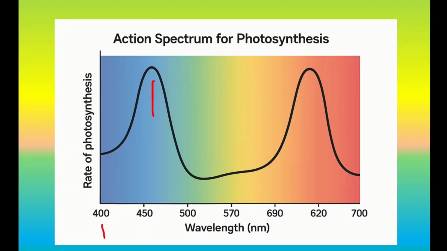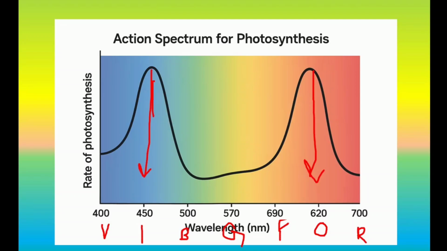It is representing all the VIBGYOR and also the wavelength of the light. So you can see in the red light the photosynthesis rate is higher, and in the blue light the photosynthesis is higher. Why? Because the peak is higher in this range. So we say that in blue and red light the photosynthesis is higher. This is called the action spectrum.